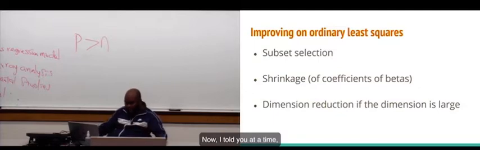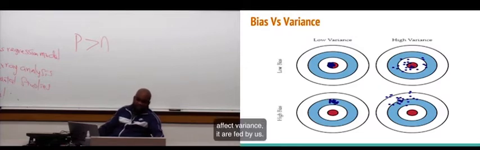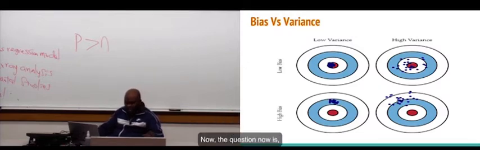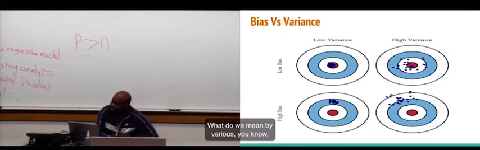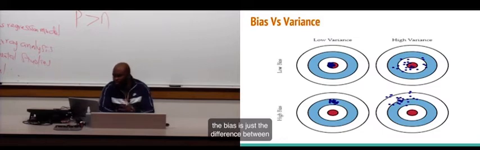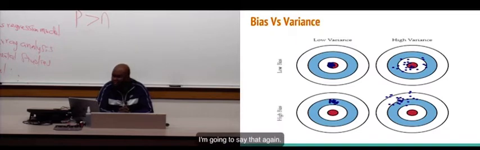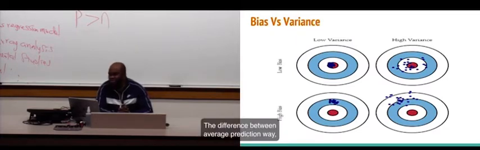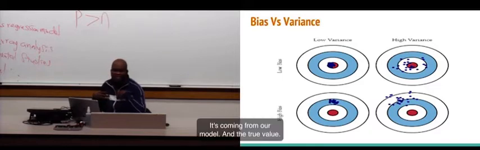Now, I told you the other time, when there's a problem, it affects variance, it affects bias. Now, the question is, what do I actually mean by bias? What do we mean by variance? The bias is just the difference between the average prediction and the true value. I'm going to say that again. The difference between the average prediction, where is the average prediction coming from? From our model, right?